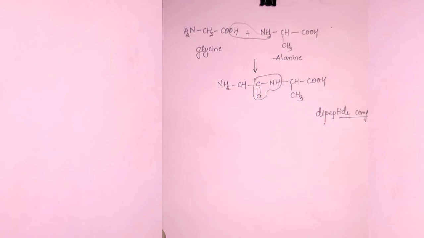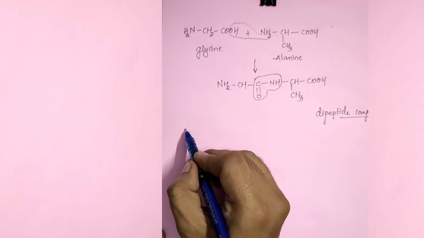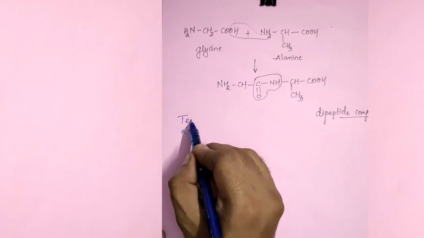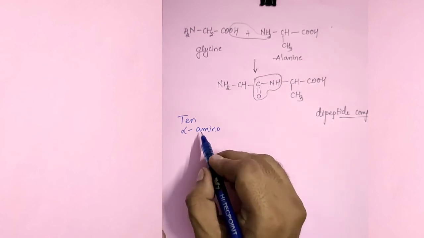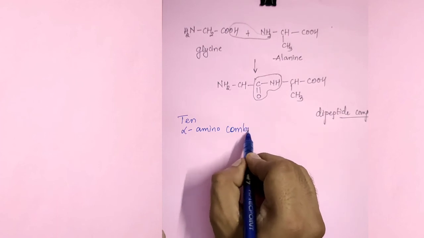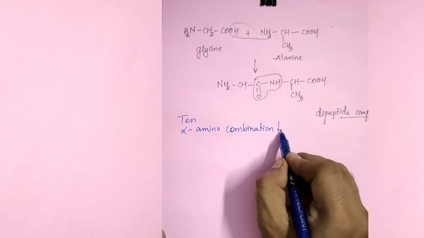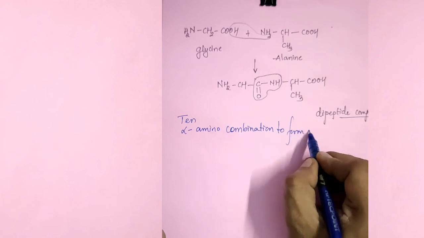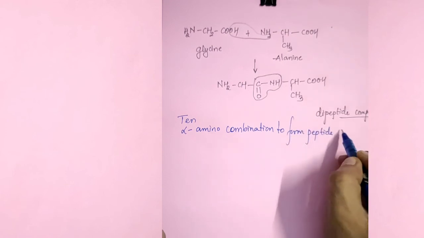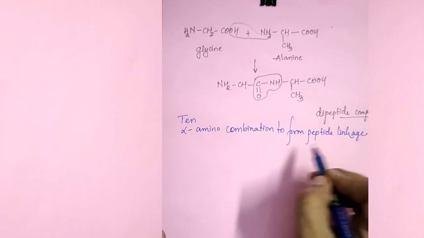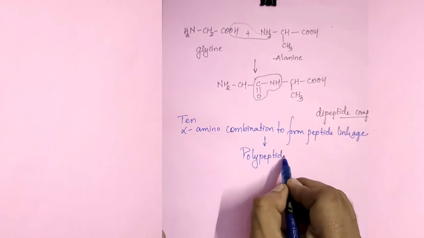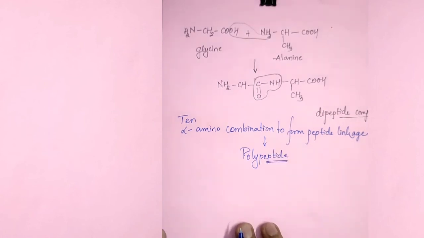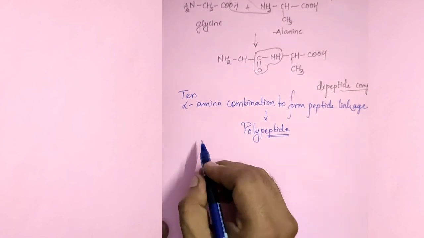If 10 alpha amino acids combine to form peptide linkages, it is said to be a polypeptide.